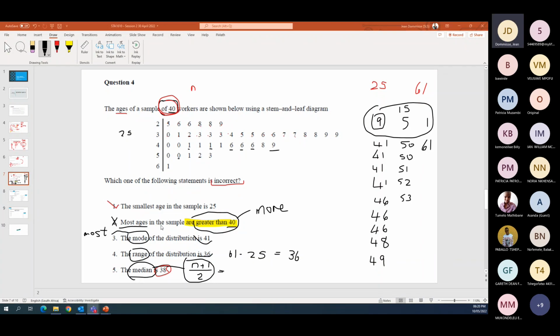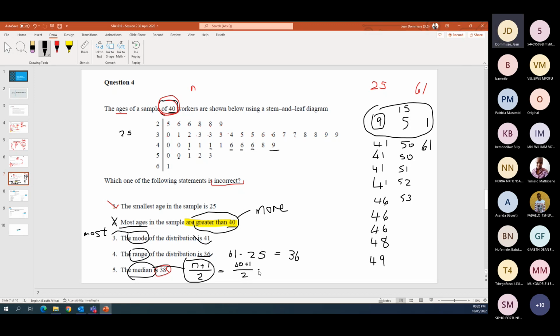Okay, so we have the n plus 1. So n they've given us is the sample. We know the sample is 40. So according to the formula, we say plus 1 divided by 2.